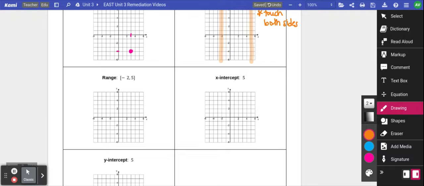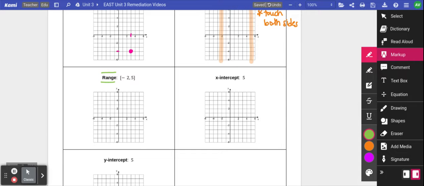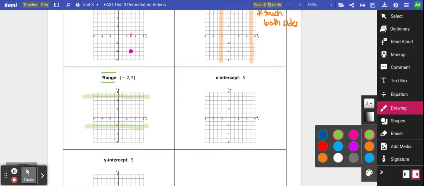Another piece of information that we might be given is the range. Now, I want to remind you that when you're given the range, that's like having the floor and the ceiling. So in this case, because the range is -2 to 5, I would draw the floor at -2 and the ceiling at +5. Now, just like when we did domain, think about this as drawing the edges of the graph.